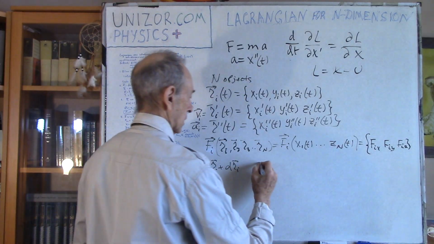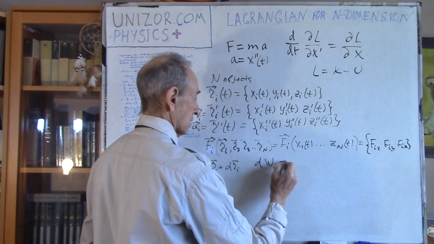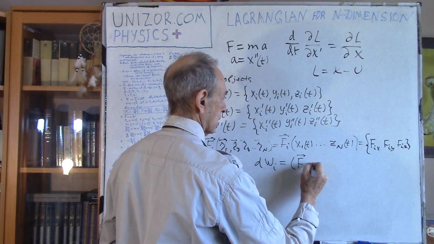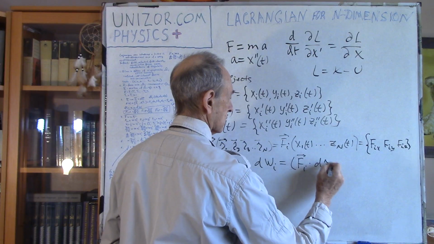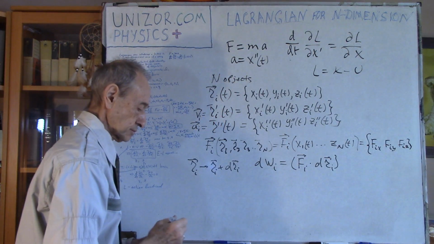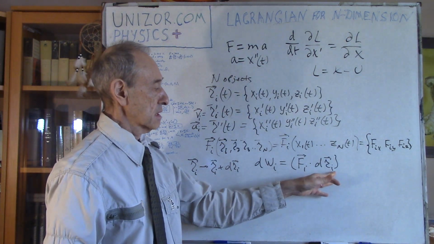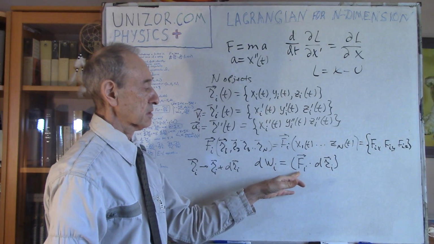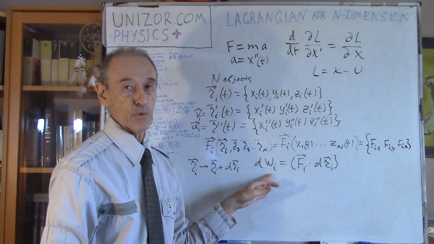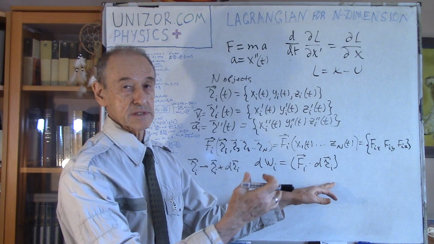Well, infinitesimal amount of work in this particular case is equal to scalar product of vector of force and vector of displacement. So this is the definition of the work. This is the vector of displacement, this is the vector of force. Their scalar product gives you the work performed by this force, which moves the object by this displacement.